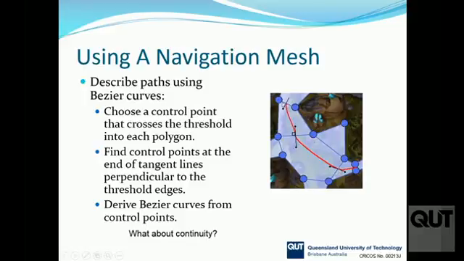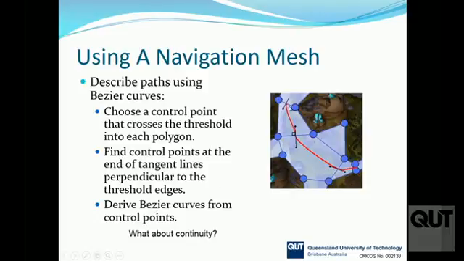So we just simply choose a crossing point that crosses the edges of these polygons, and then we find control points at the end of tangential lines, that is, lines that are perpendicular to this edge, but tangential to the curve. That's why they're called tangential lines. And then derive Bezier curves from the control points.